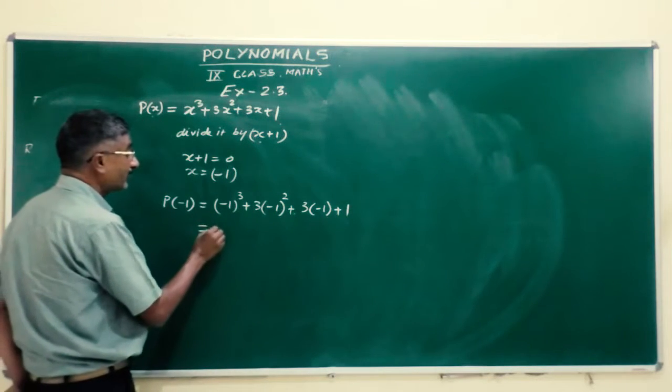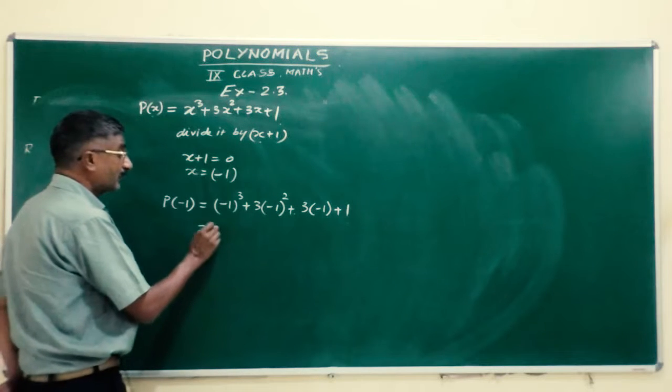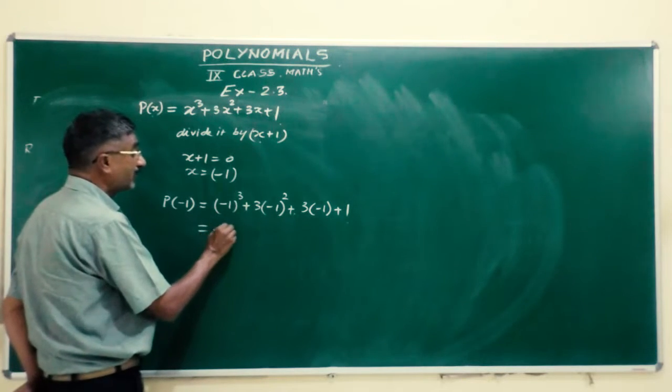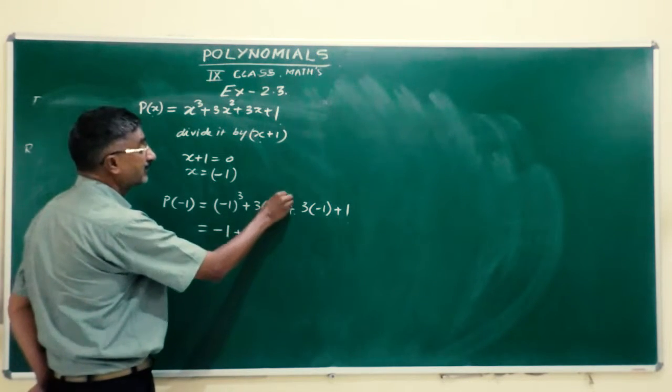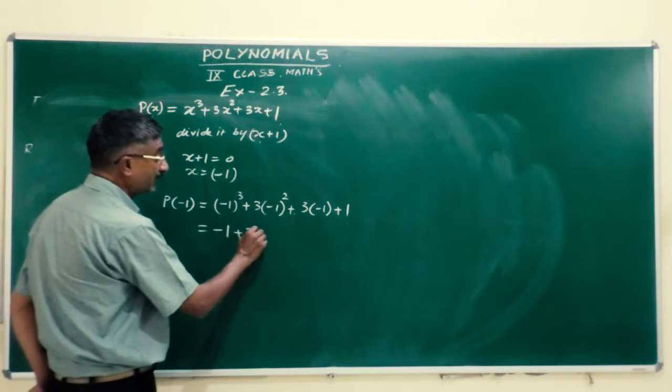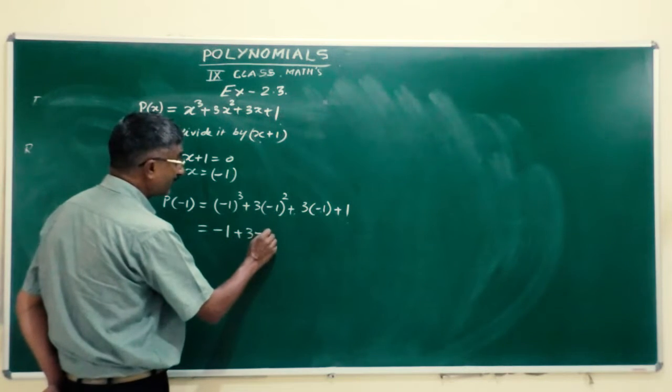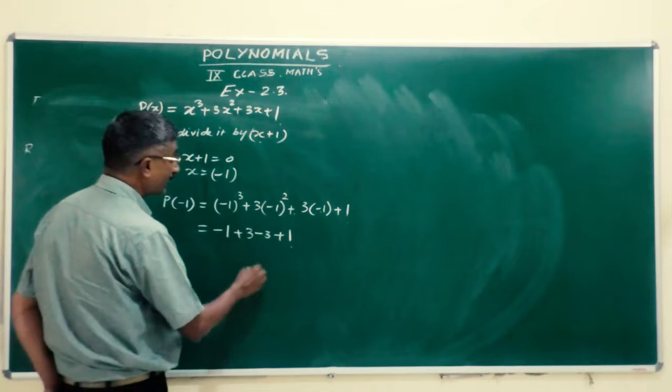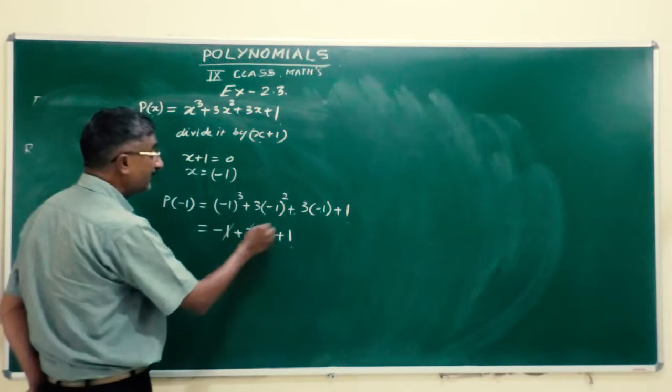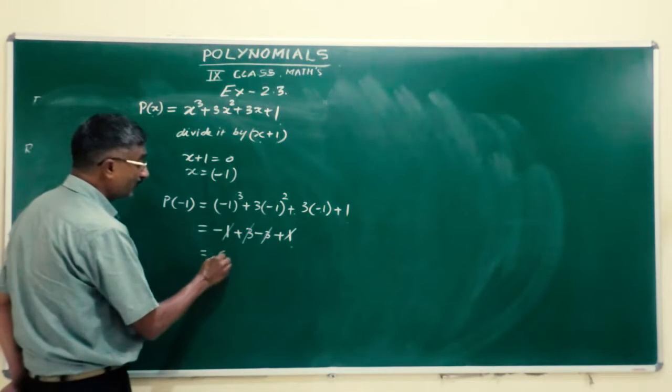Be very careful while solving with negatives, because minus 1 cube is minus 1, and minus 1 square is plus 1. So this is 3, minus 1 plus 3 minus 3 plus 1, so again this cancels. So this is equal to 0.